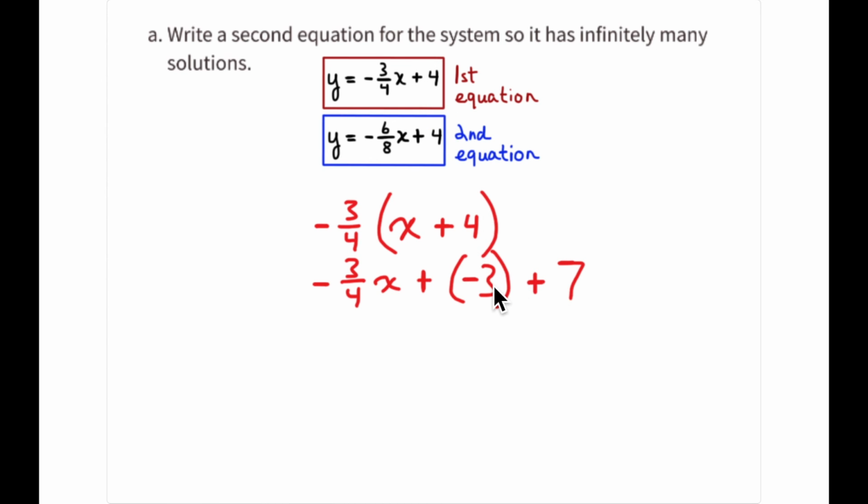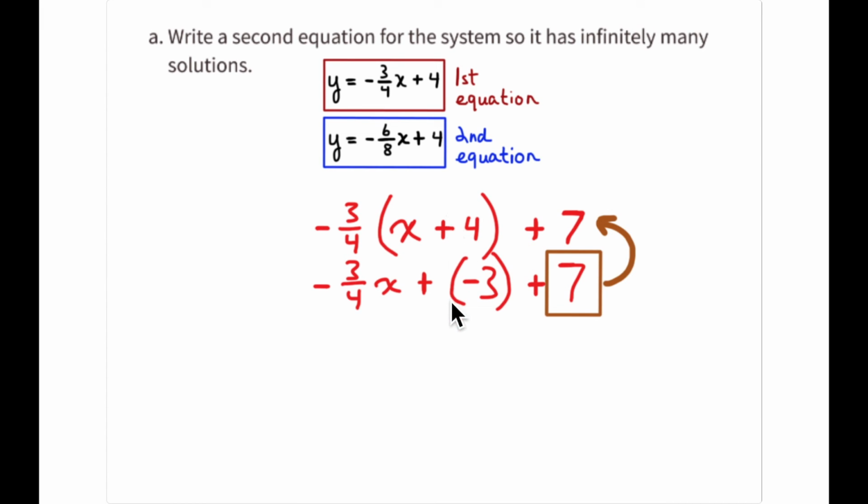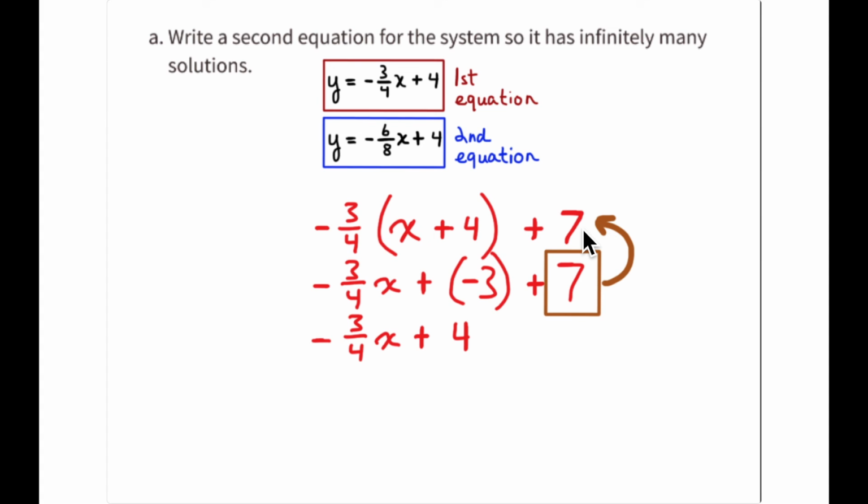Because 7 plus negative 3 is equal to that 4. So now if I just move this, adding the 7 up to here, so now both of these are equivalent, but this looks very different. This is now using the distributive property here, and then you're adding this term out here. So if I simplify either one of these, I'm going to end up with negative 3/4 x plus 4. This is where we started.